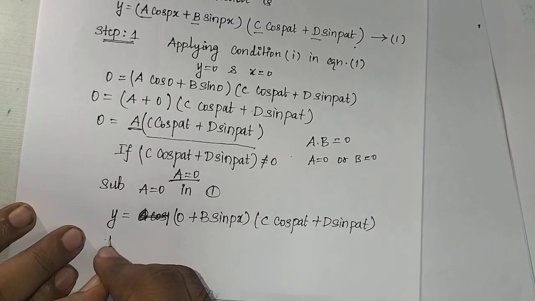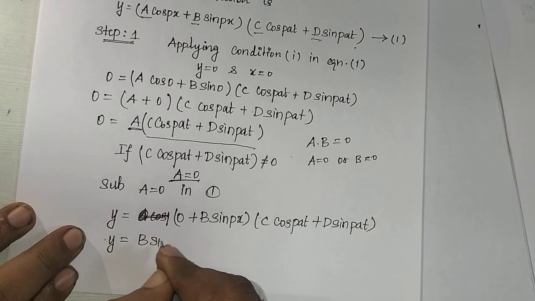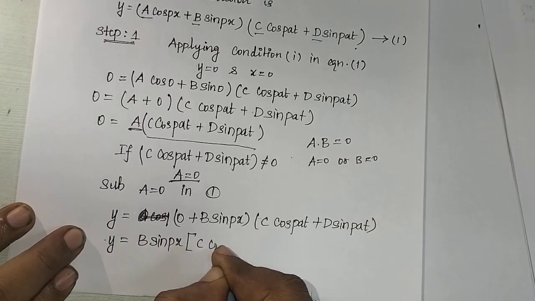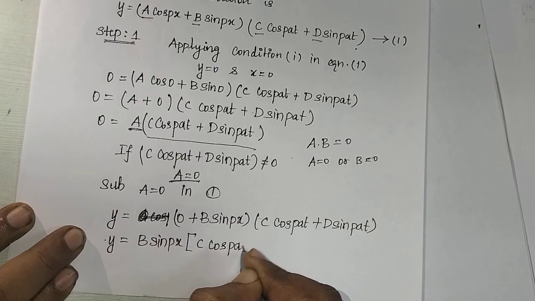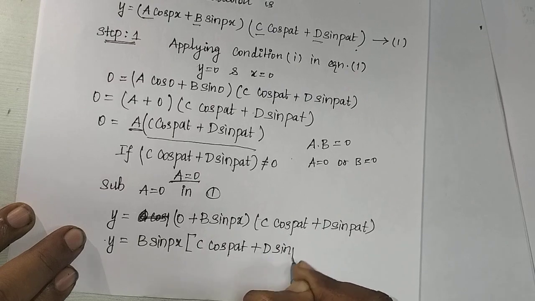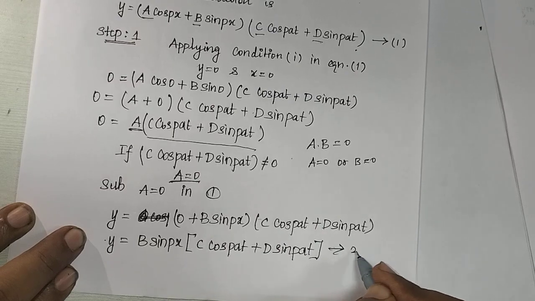Now simplify this, I will get y = b sin px (c cos pat + d sin pat), which is our equation 2.